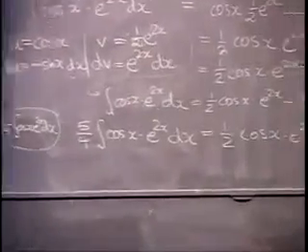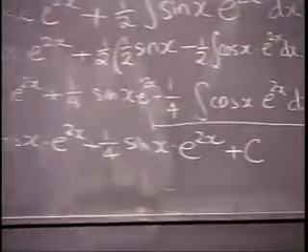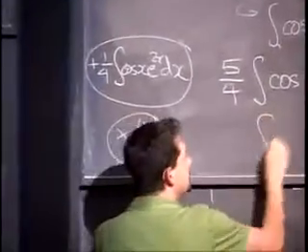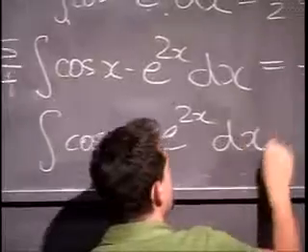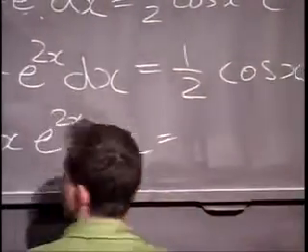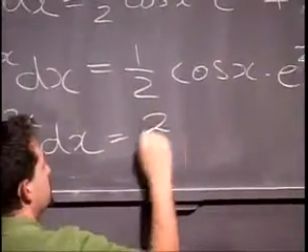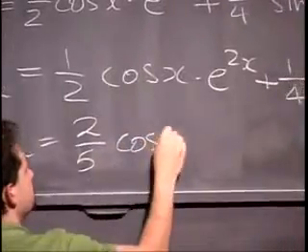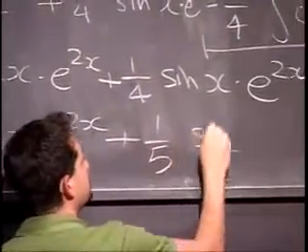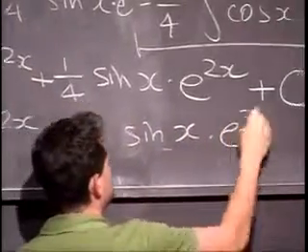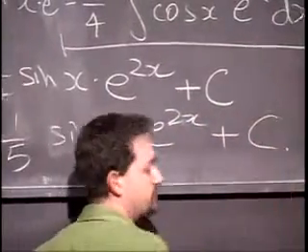Anyway, the only thing you have to do now is multiply by 4/5 to get the final answer. So you get the integral of cosine x e to the 2x dx equals 4/5 of 1/2, which works out to be 2/5, and you're going to have 1/5, plus a constant.